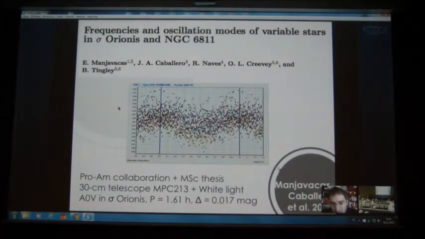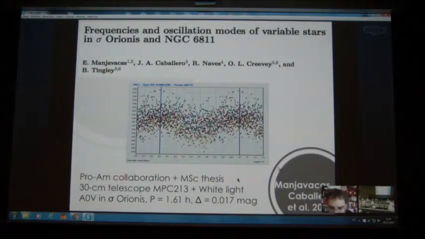I thought that, okay, if this is one peculiar variable, there might be more. So a couple of years ago, we did a professional-amateur collaboration with Ramon Naves, who has a 30 centimeter semi-automatic telescope, and with a master thesis student of mine, and we monitored an area of the Sigma Orionis cluster during one winter.